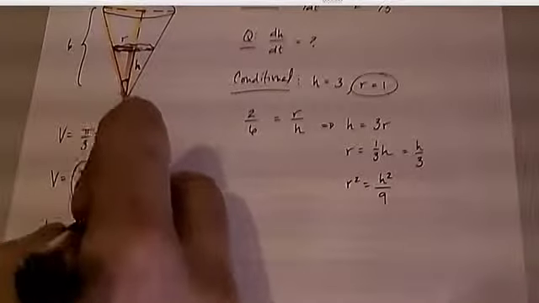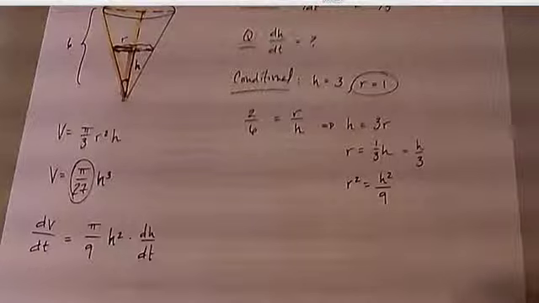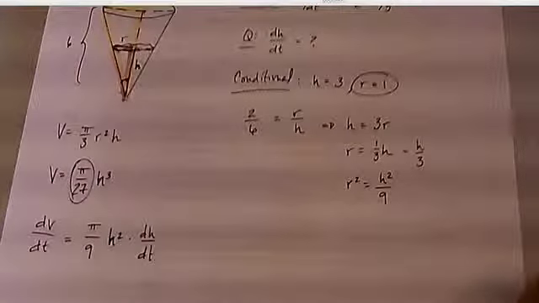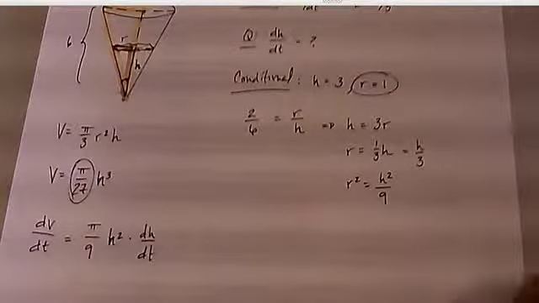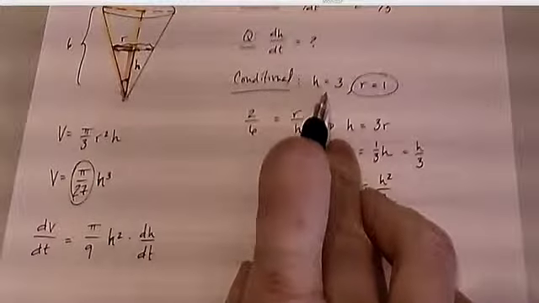Now, this is a constant. So really, when I'm differentiating, I'm just differentiating h cubed. So dV dt is equal to pi over 9, once I bring the 3 down and combine it with this, h squared, dh dt. Well, that's kind of neat, okay, because I know h, and I know dV dt.